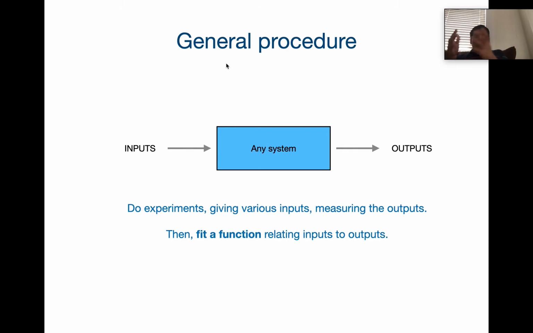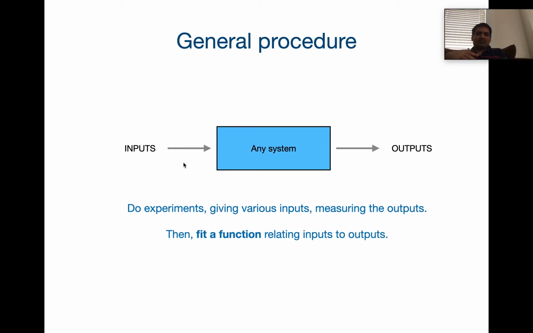So we just saw a few different examples, all of which have the same pattern. We have a system, we have a bunch of inputs, we measure or observe a bunch of different outputs. So we can imagine doing experiments or observing, collecting data, where the system is provided with different inputs, and you measure the outputs.